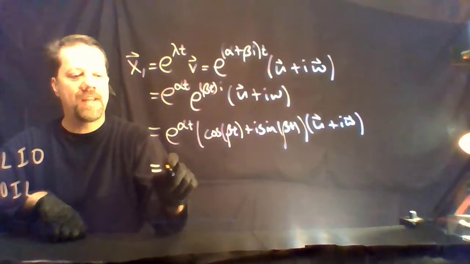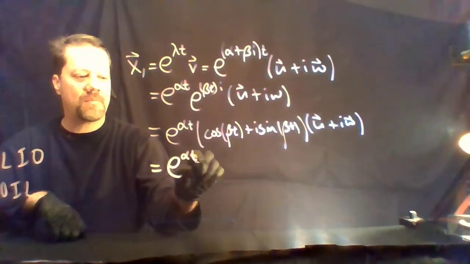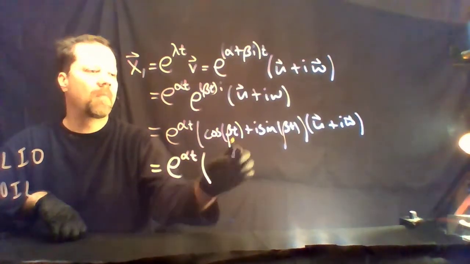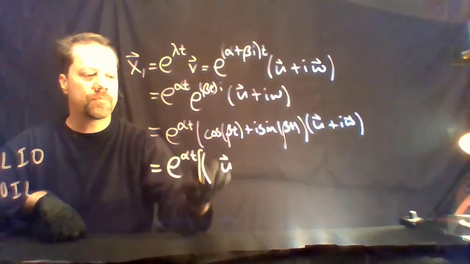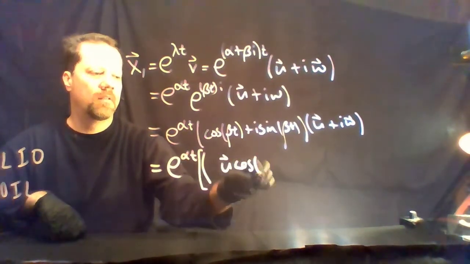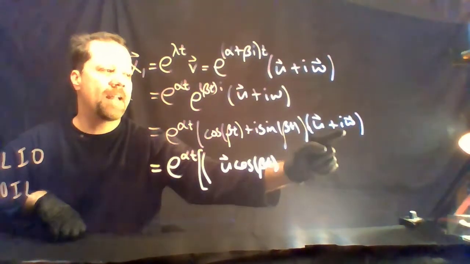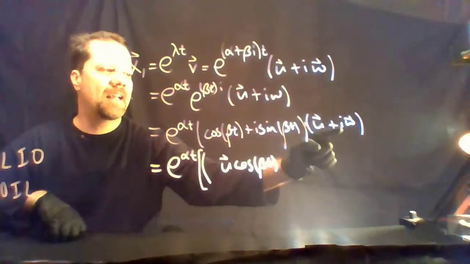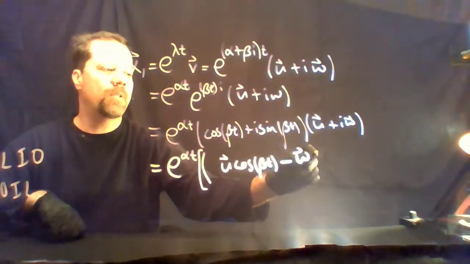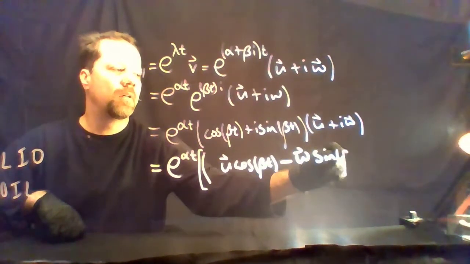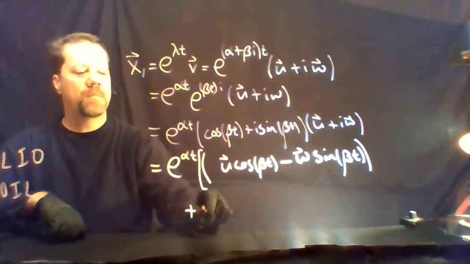And if we do that here, we'll have e to the alpha t, we'll have U cosine beta t. When we multiply the imaginary parts together, we'll have an I times an I, which is -1, W sine beta t.